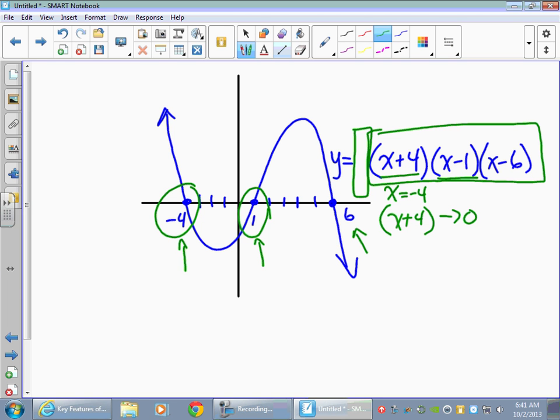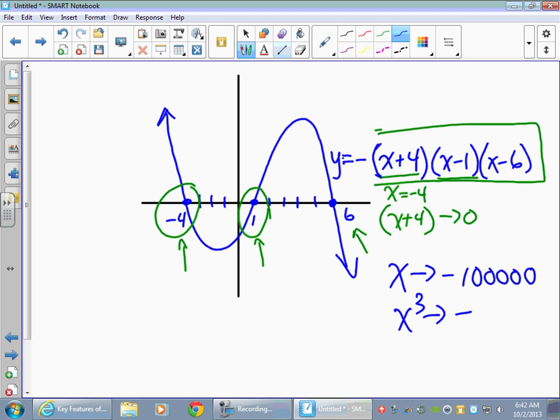The one thing that is missing here is understanding that there's going to actually be a negative in here. Leave myself a lot of room. I'm going to have a negative value here. And I know that because when x is approaching negative 10,000s, negative 100,000s, and so on, if they have just an x cubed term, that would end up going towards negative infinity.